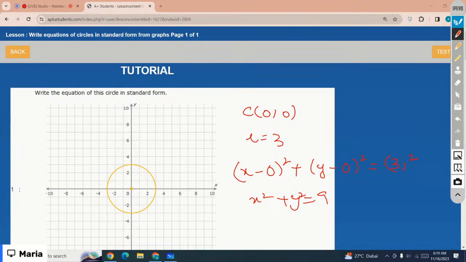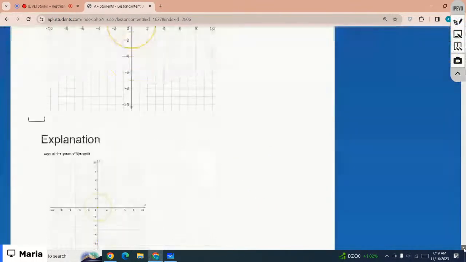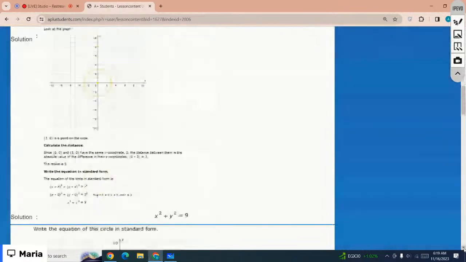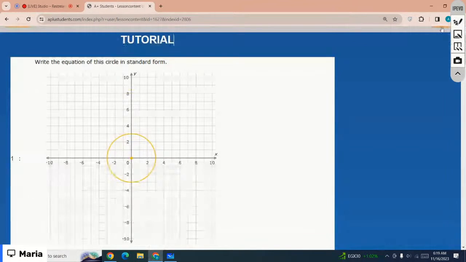That is the equation of the given circle. Got it? So that is x square plus y square equals 9, right? Let's just start with the test questions.